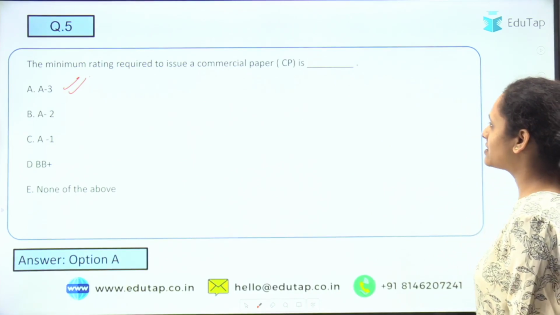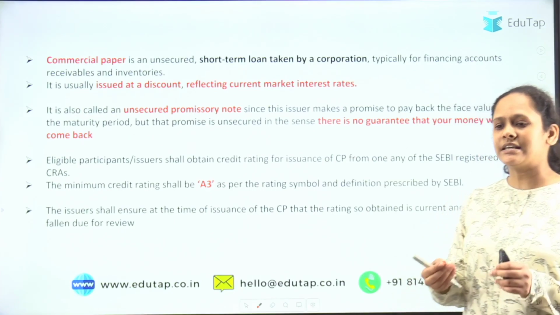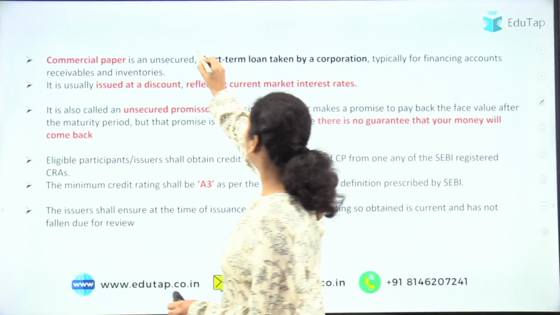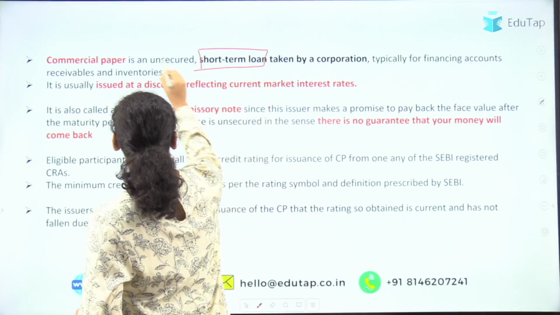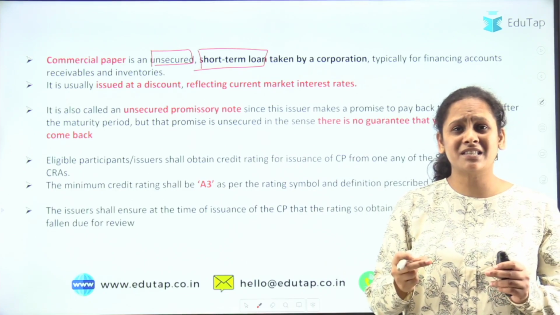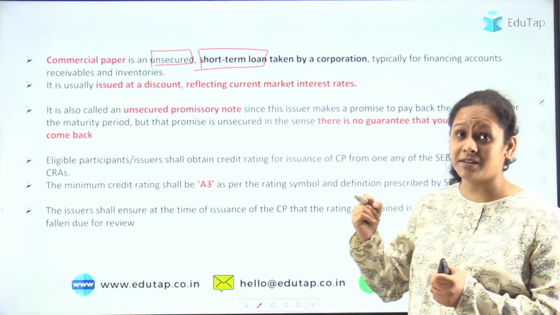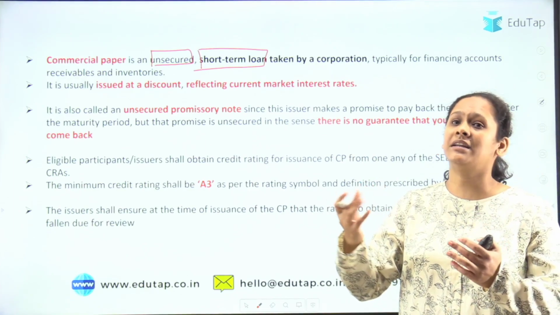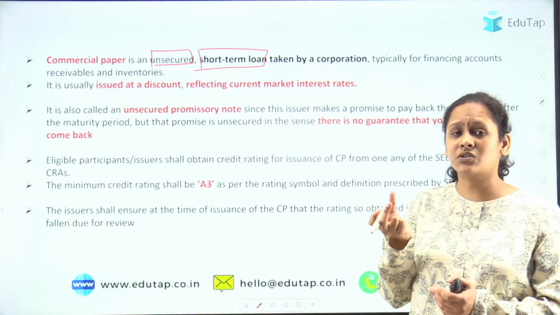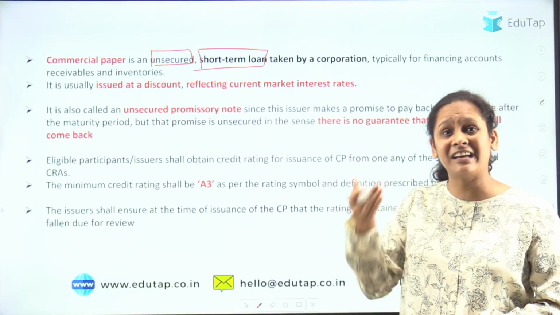Now let us understand first what is a commercial paper. See, commercial paper कुछ नहीं है, एक short term loan है, ठीक है, but which is unsecured in nature. देखो, every time companies cannot go to the bank to meet their short term liabilities. जैसे accounts receivable है जो उनको कुछ दिन, 6 महीने के बाद मिल जाएगी या 1 महीने के बाद मिलने वाली है. तो ऐसे fundings को cater करने के लिए if they go to the bank the process becomes very cumbersome.